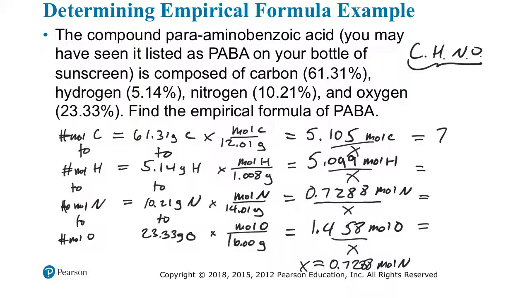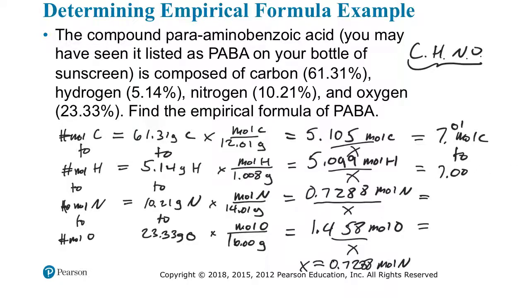It'll end up being about 7 moles of carbon present, like 7.01 or something like that. So it's really close to 7.0. If we go 5.099 divided by 0.7288, that's 7.00 moles of hydrogen. I get a question sometimes, how close should these be to round?